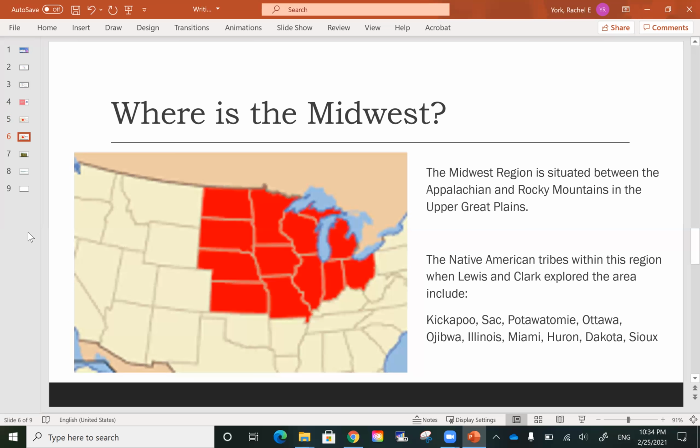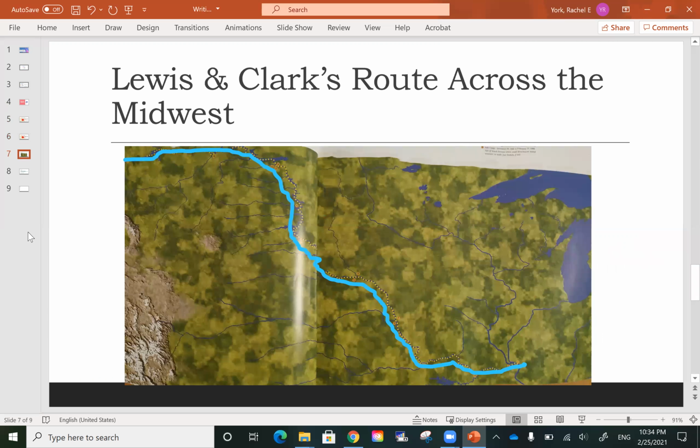Well, then we know where it is. We know what kind of American tribes were there. So what does that look like on a geographical map? Well, here, I pulled this out of a book that I had, the map that they did. So up here is the Wisconsin branch right here. So Michigan, and then Minnesota would be over here.